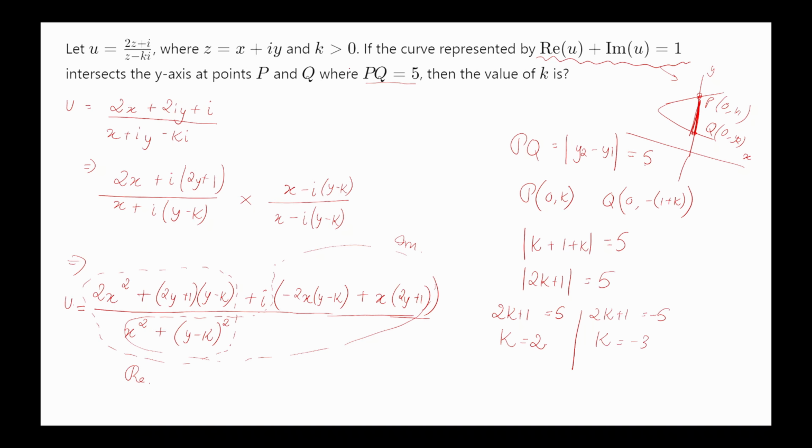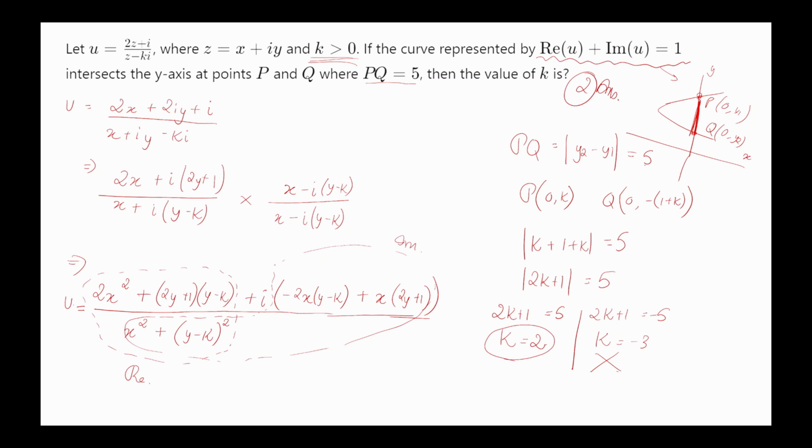However, in the question they have already told us that k is greater than or equal to 0. So if k is greater than or equal to 0, this one would be rejected and this one is the value that we would take. So what is the value of k? We get it 2. And this is our answer.